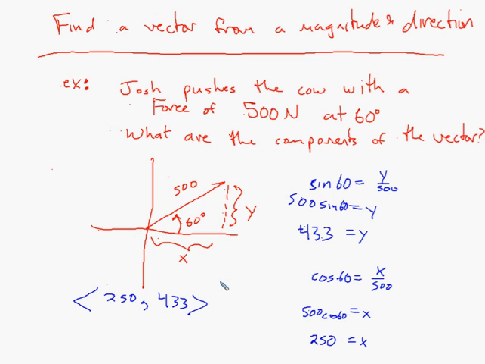Now, we can do every problem that asks us something like that the way that we just did. And really, it doesn't change anything. But you may want to know this. The magnitude, it always comes down to this. Our component point is going to be the magnitude of our vector times the cosine of the angle, comma, the magnitude of the vector times the sine of the angle.